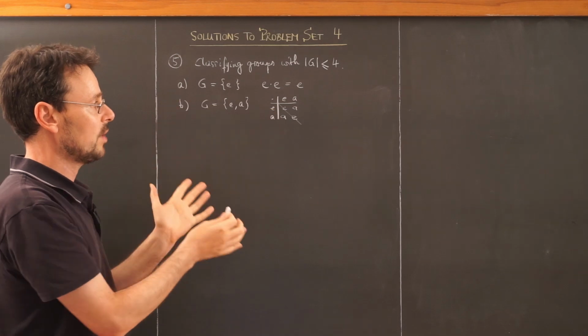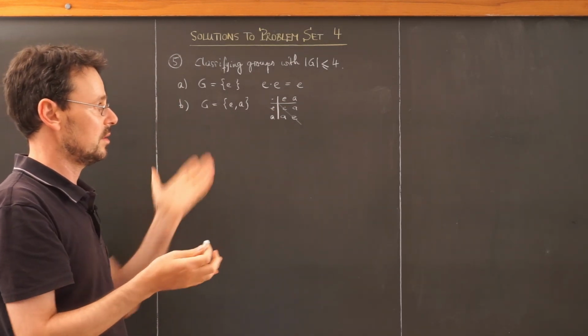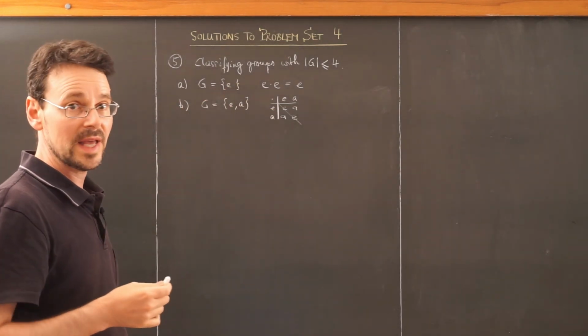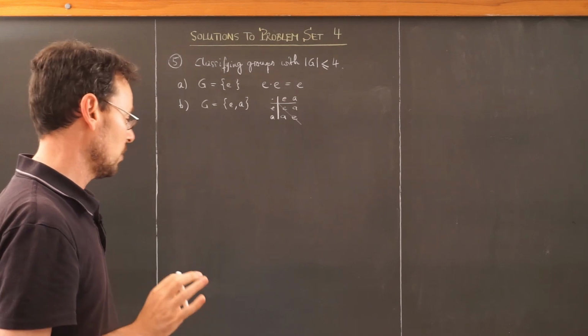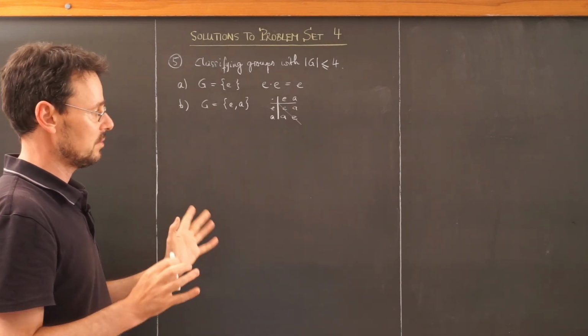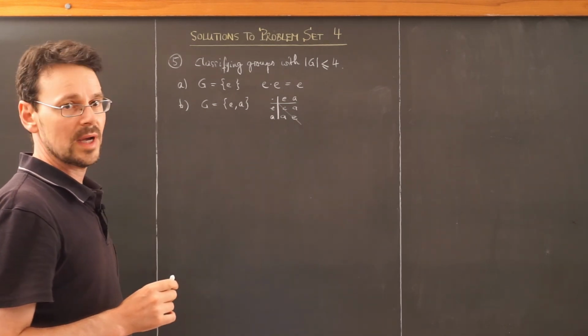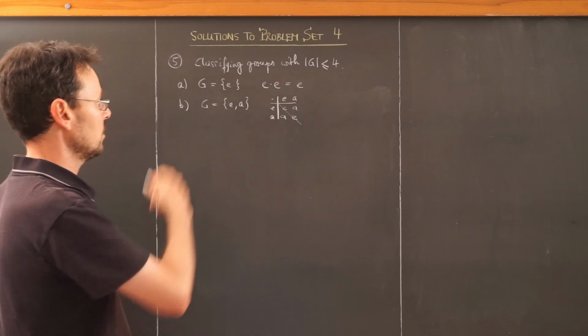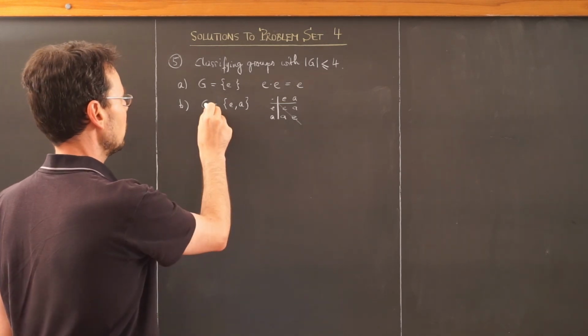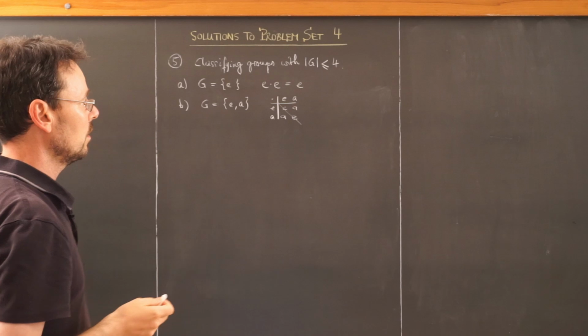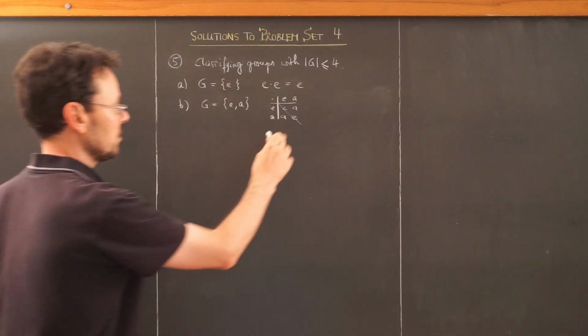If we find a group table that works, that doesn't mean that the operation here has to be associative. But for the rest of this exercise, we assume that all the operations we write down are actually associative. So this here is the one group of order 2. There is no other possibility.